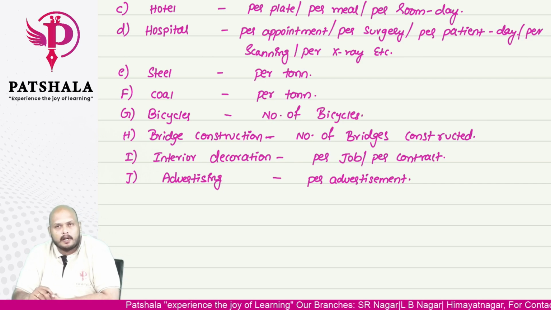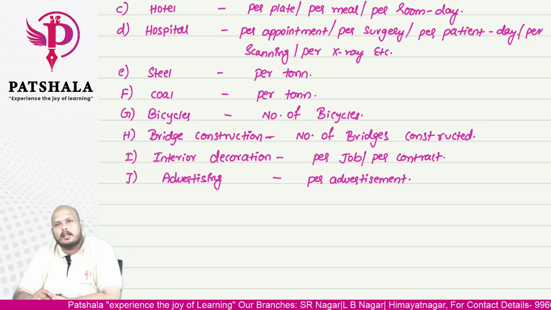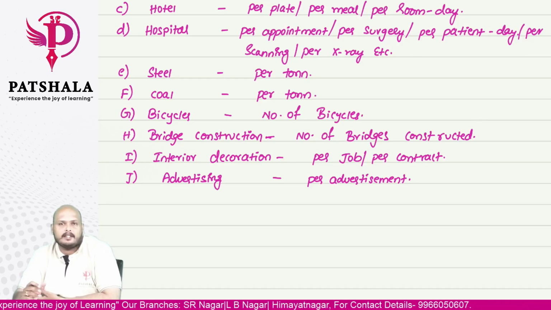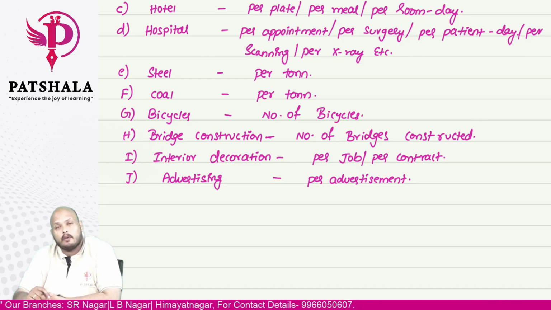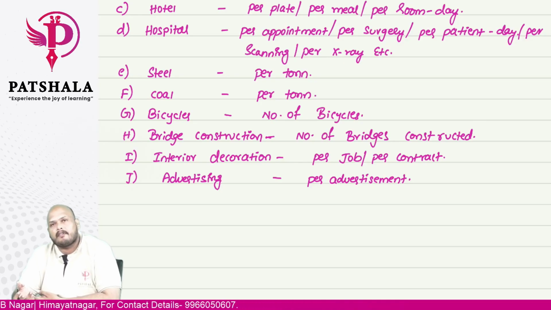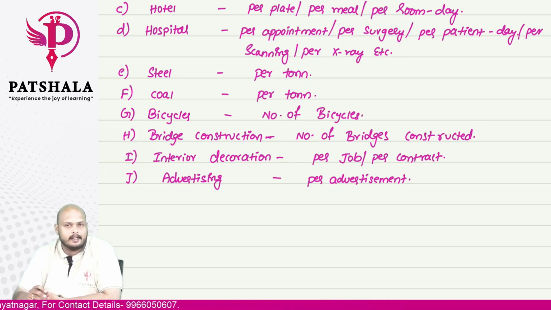Suppose you want to give some advertisement in the newspaper, they will ask what is the size of the advertisement. Depending upon the size of the advertisement, they will charge. If you want to advertise on the roads, on flyers, or on big screens, depending upon the type of advertisement, it will keep on changing. Generally, what is the unit of cost measurement we will use? Per advertisement. For one advertisement, what is the cost?